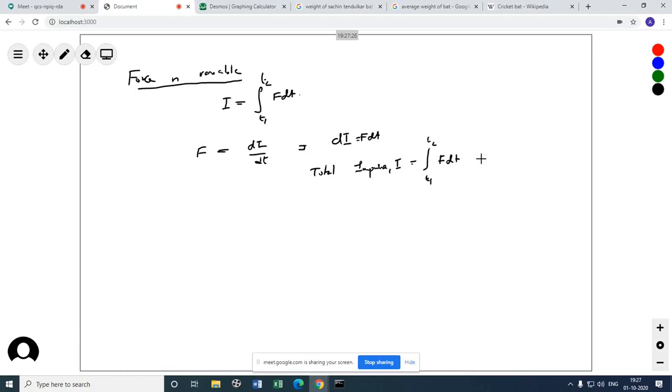Understand? So again it is the area under which curve? The FT curve. Yes. So how does the curve look then? Now the curve can be anything, based on F being an equation.